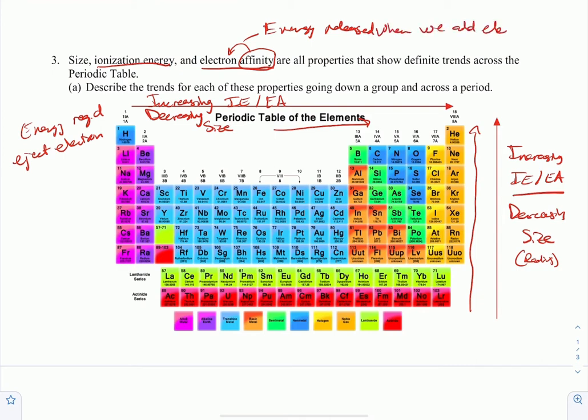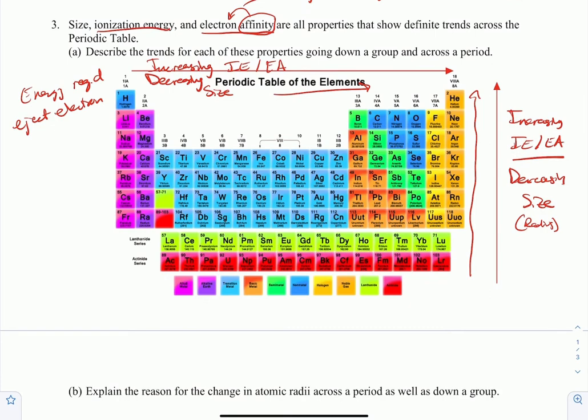The more negative electron affinity you get, the more energy you are releasing, and that means the more electron affinity something has. So you'll actually see this increasing in negative values, with high negative values over here and low over here.